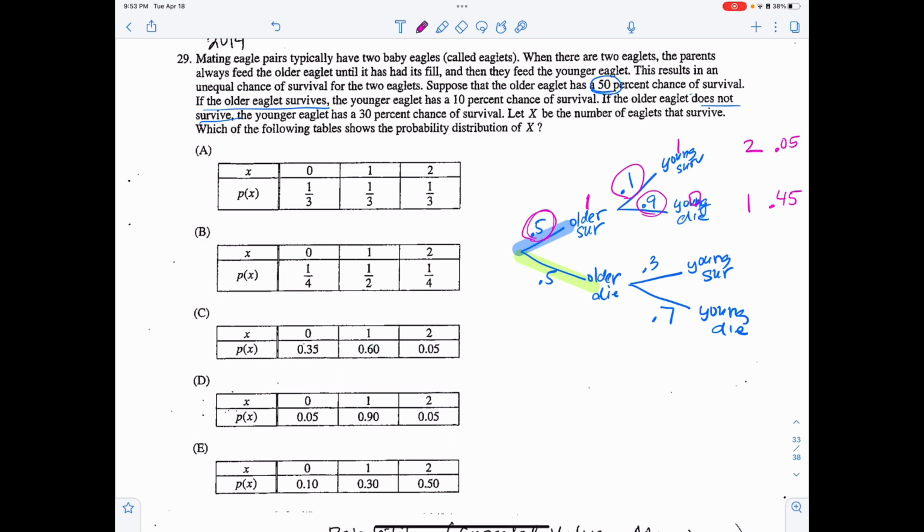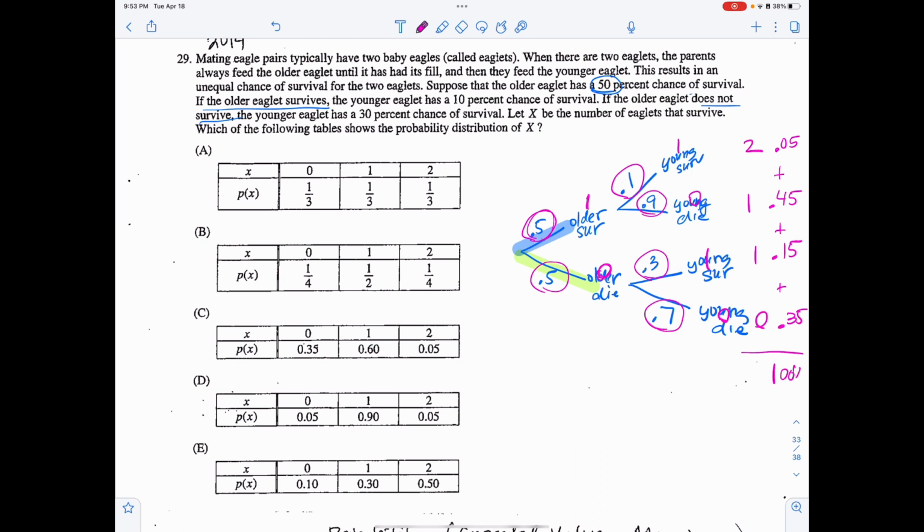The probability of older dying, that'd be no eagle, and younger surviving would be 1 eagle, and that'd be 0.5 times 0.3, which is going to be 0.15. This one would be 0 and then 0, so this would be 0 eagles, and that would be 0.5 times 0.7, which is 0.35. These are disjoint, and if I add those all together, I'm going to get 1 total, because 100%.